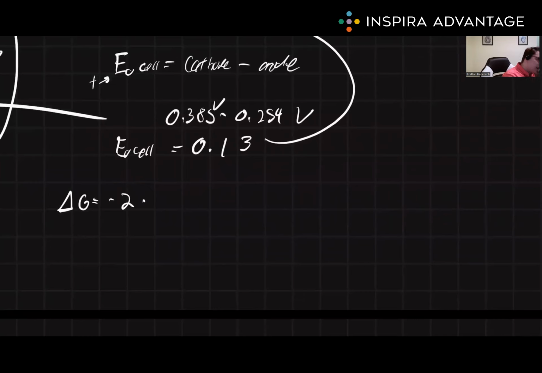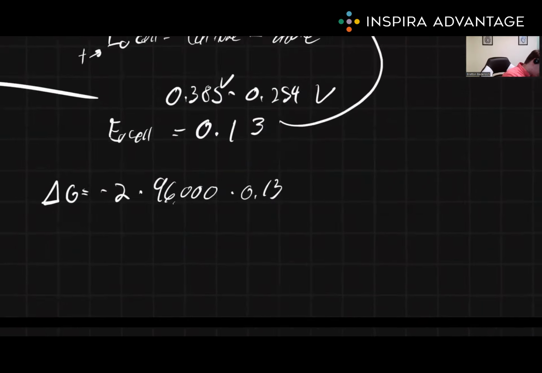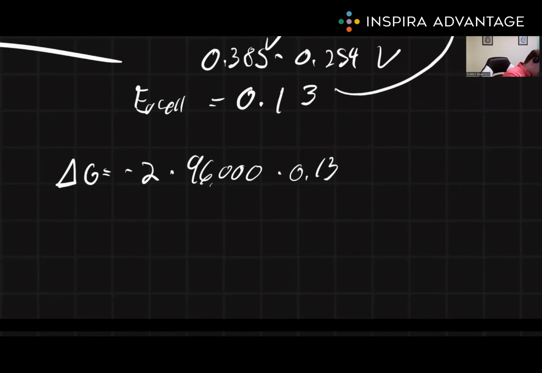So negative 2. F is always a constant at roughly 96,000. And then our E cell of 0.13. So now it's time to round. I'm going to round the 96,000 to about 100,000. And then I'm going to multiply the 2 and 0.13 together.